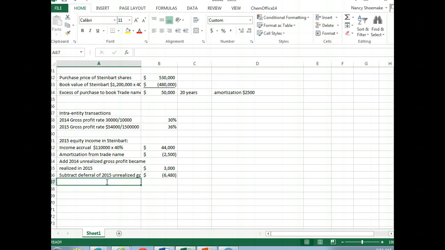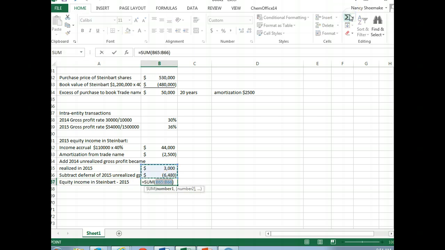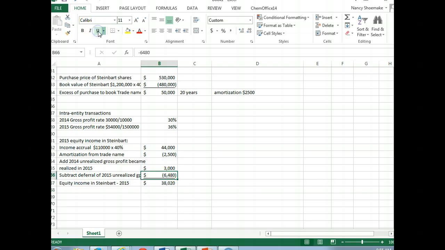So the equity income in Steinbart for 2015 is $38,020.